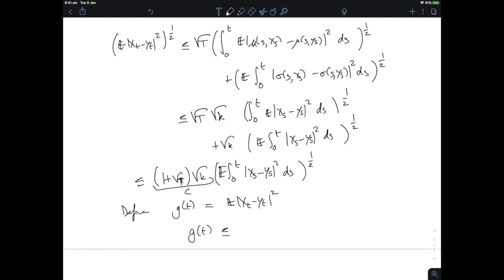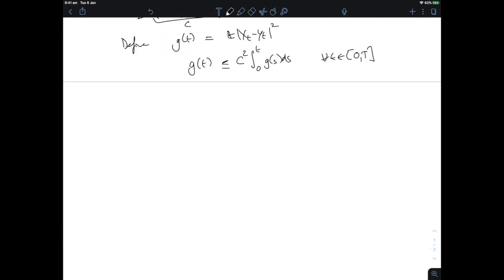It's just a number that certainly doesn't depend on Xs or Ys; it only depends on k and capital T. So it's smaller than c squared, I suppose, times the integral from 0 to t of g of s ds. And that is true for all t in the interval 0 to capital T. And we're going to say that really the only way you can have that is by having g of t constantly equal to 0. So let's see that now.